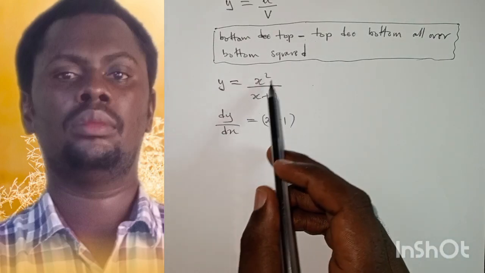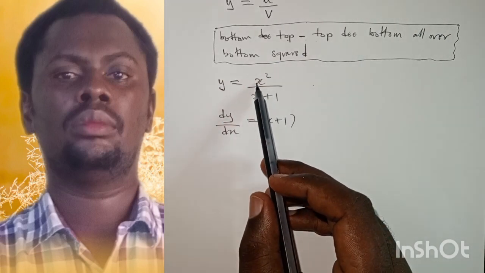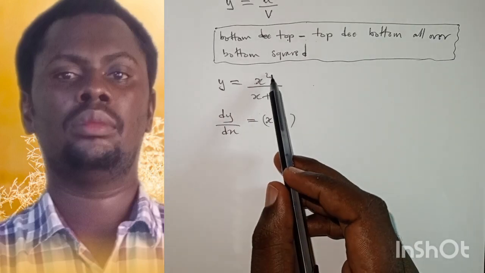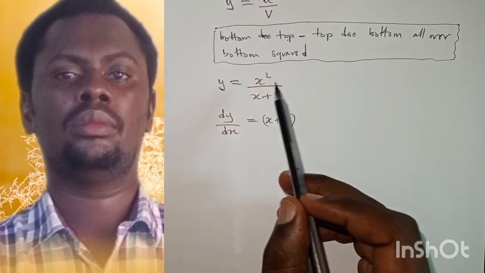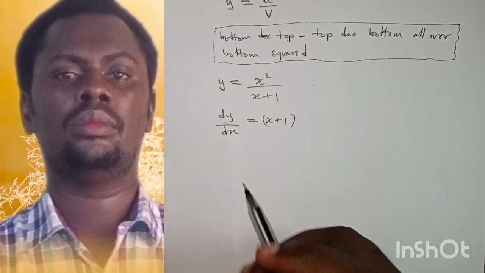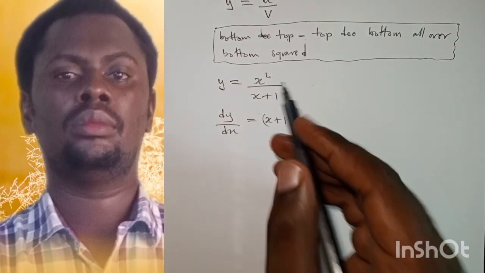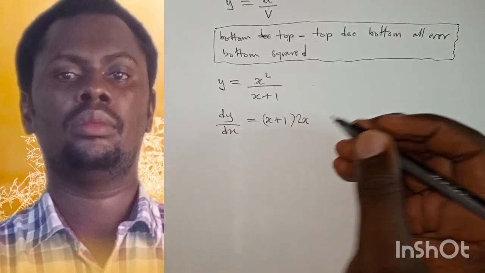The derivative of x squared will be 2x: 2 multiplied by the coefficient 1 is 2, then the power 2 you reduce by 1, it will be power 1, so 2x.